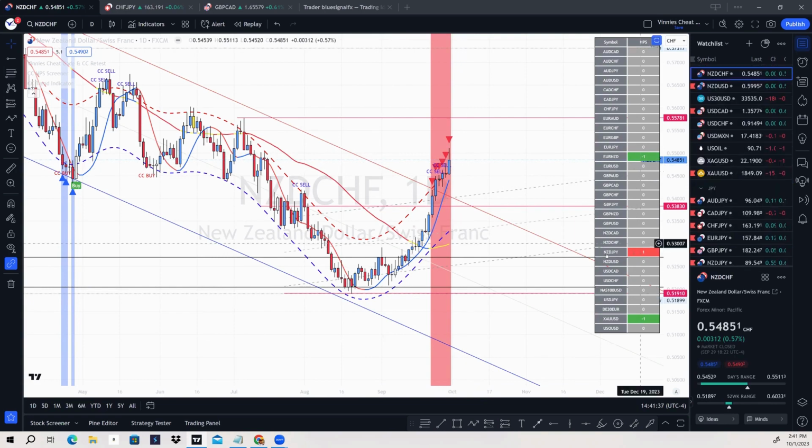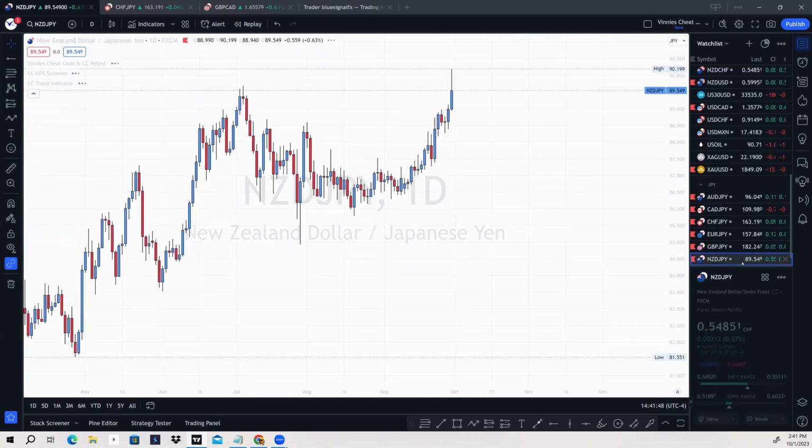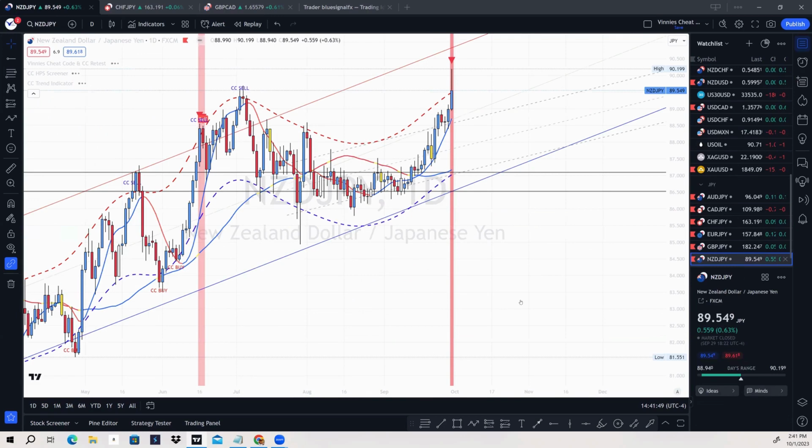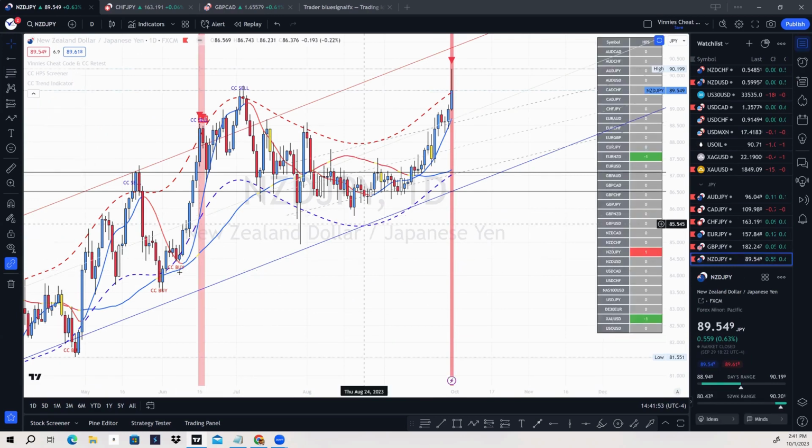Along with, you see here on NZDJPY, we are getting a signal on the HPS scanner letting us know that price will be reversing soon. So let's take a look at that. We can see that the overall trend is bullish. On NZDJPY, we are outside of the upper band.